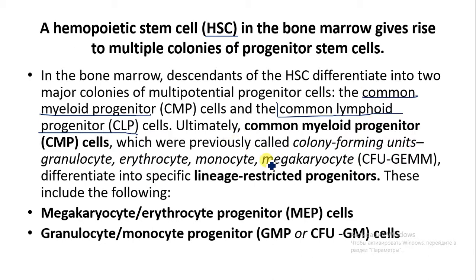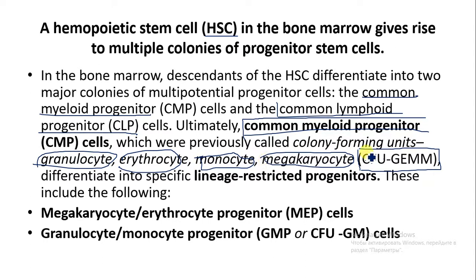Okay, let's talk about common myeloid progenitor. It's also known as CFU-GEMM, which is translated as colony forming unit. So if you see CFU, it's known as colony forming unit. Now, colony forming unit for granulocytes, erythrocytes, monocytes, and megakaryocytes. That's why it's GEMM.